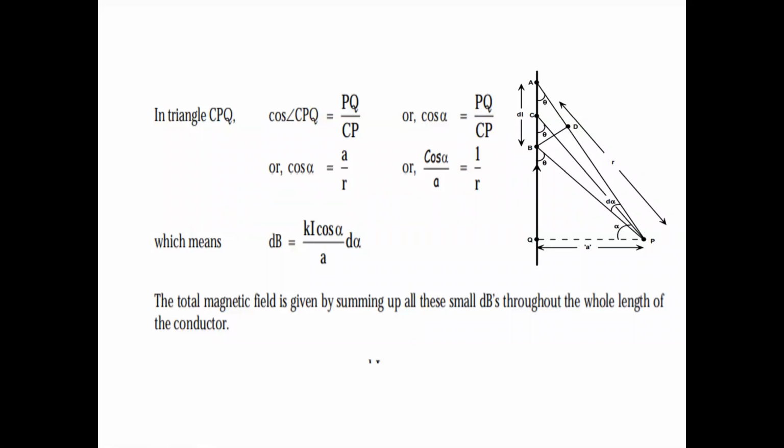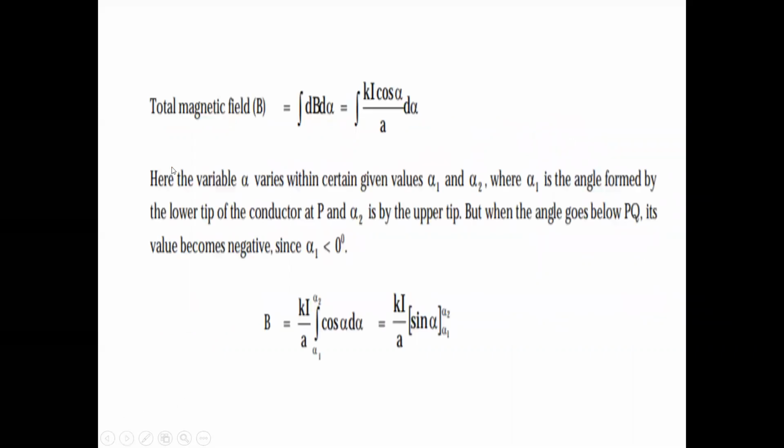So this is the expression for the magnetic field in terms of alpha and A. To find the total magnetic field by taking the total length, it is obtained by integration.